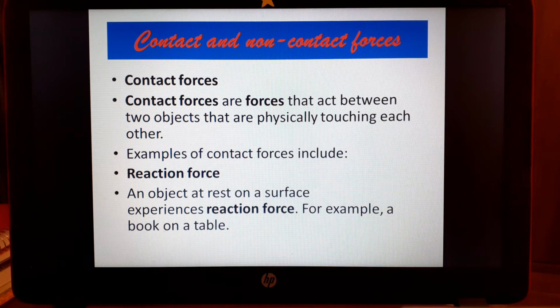Any object, be it moving or not moving, has a reaction force acting on it. For this reaction force to happen, the object has to be, for example, resting on something.